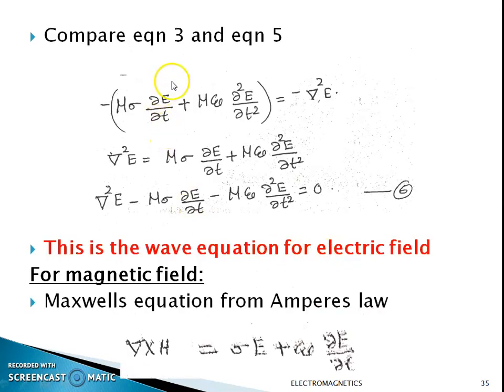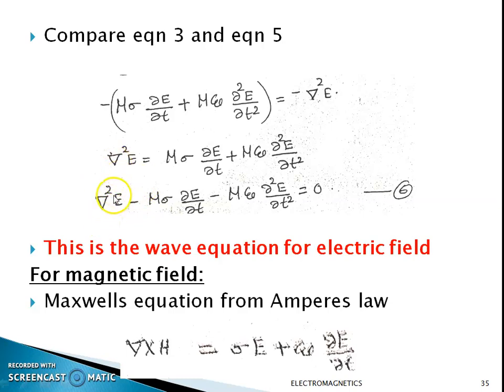And compare equation 3 and equation 5. Equation 3 is del cross curl E is equal to minus mu sigma dou E divided by dou T minus mu epsilon dou square E divided by dou T square, and it is compared with the fifth equation, del cross curl E is equal to minus del square E. So the equation can be written as minus mu sigma dou E divided by dou T minus mu epsilon dou square E divided by dou T square is equal to minus del square E. So from this equation we can write del square E is equal to mu sigma dou E by dou T plus mu epsilon dou square E divided by dou T square, since the negative sign is common in LHS and RHS.